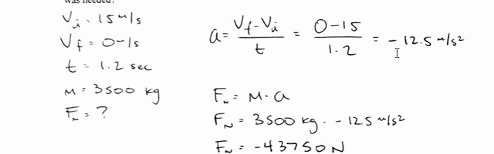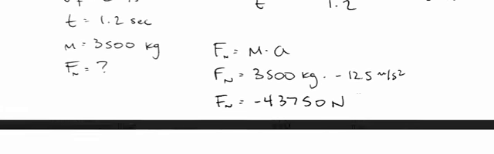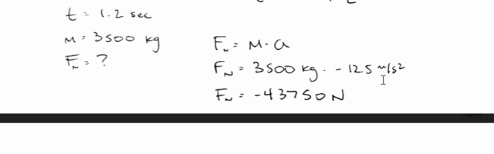So you have a negative acceleration. That's perfectly fine. That's exactly what we want. Then we can put that negative 12.5 meters per second squared here, and we end up with a negative force of 43,750 newtons. And again, the acceleration was negative, so the net force is negative. It's a stopping force, and that's fine.